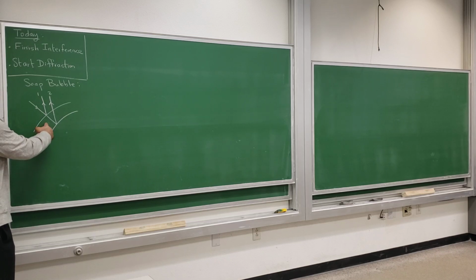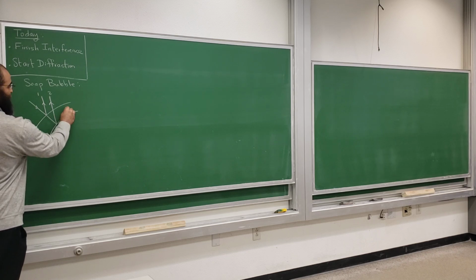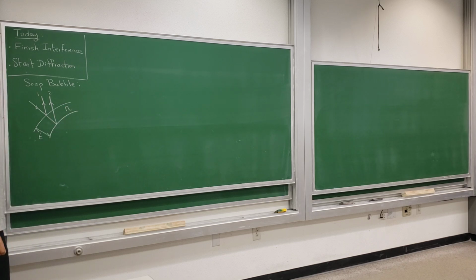But because the wavelength inside shrinks by a factor of n, by the index of refraction, the effective length becomes what? Is it just 2t or more? More, because lambda is no longer lambda, it's lambda divided by n, so you fit more of them.